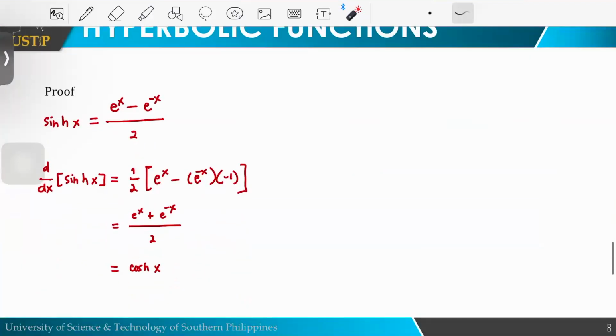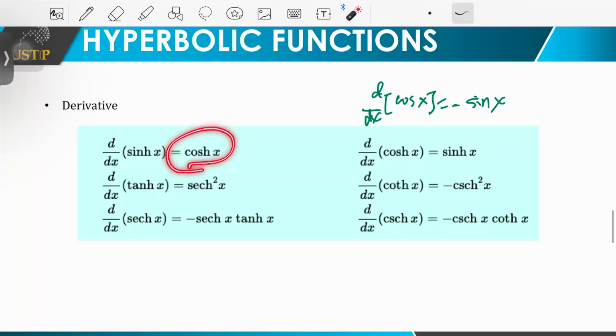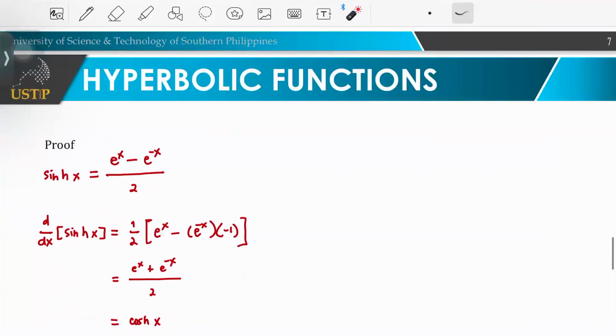Okay, let's have an example. Let's prove that the derivative of hyperbolic sine is hyperbolic cosine. Remember, hyperbolic sine is equivalent to this expression: e to the x minus e to the negative x over 2. If you get the derivative of that, of course, the 1/2 can be moved aside. What happens to e to the x? You have the same expression.